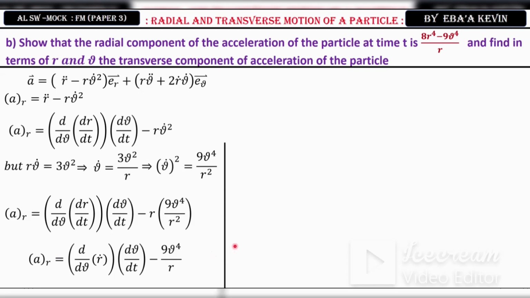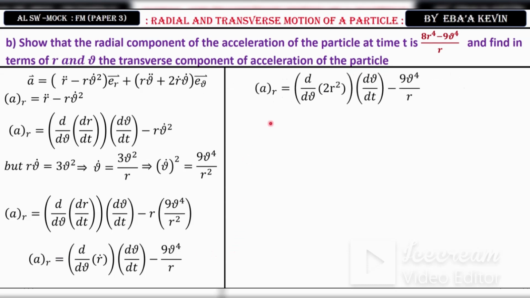Further simplifying, remember, this r dot corresponds to the radial component of the velocity of the particle, which was given to be 2r squared in the equation.